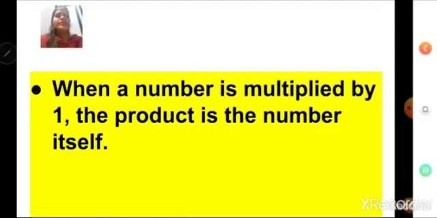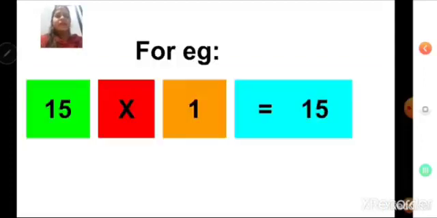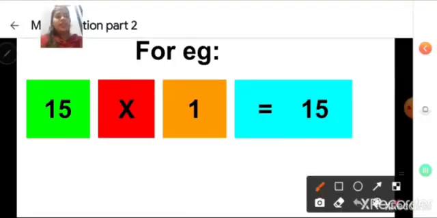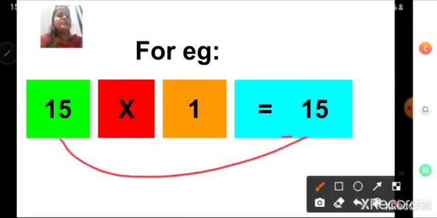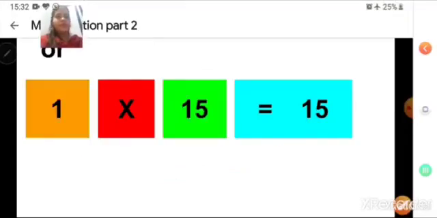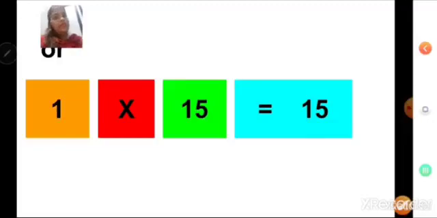Now look at this example: 15 into 1, or 15 multiplied by 1. The answer is the number itself. In the same way, 1 multiplied by 15: you are multiplying 1 with 15, the answer will be 15 only.